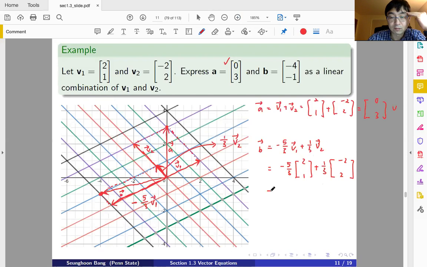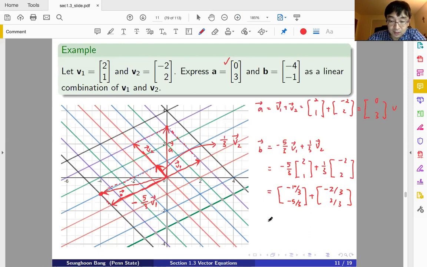So we have negative 10/3, negative 5/3, plus the 1/3 times negative 2 is negative 2/3, and the 1/3 times 2 is 2/3.